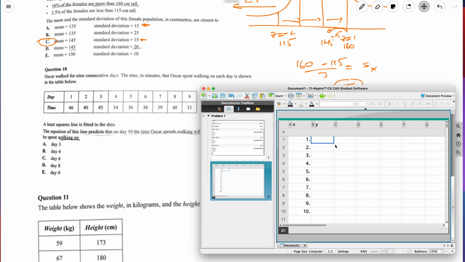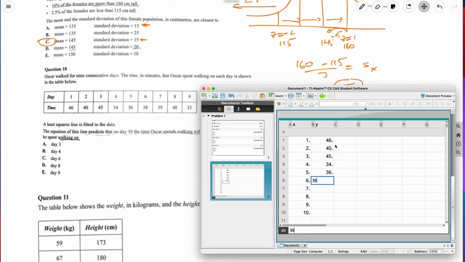And then this will be 46, 40, 45, 34, 36, 38, 39, 40, 33. What have I done? Oh, it's only 9 days, that's why. Cool, there we go. It's an easy fix.